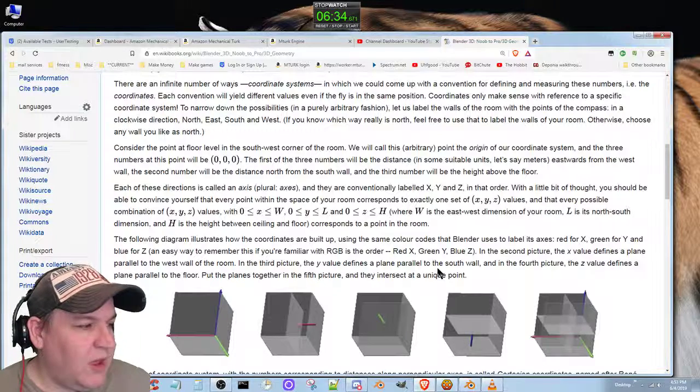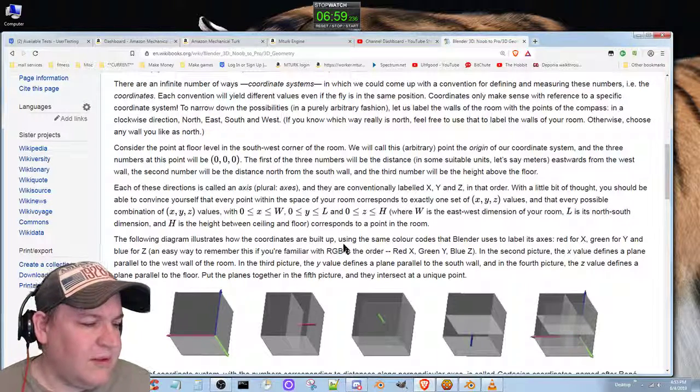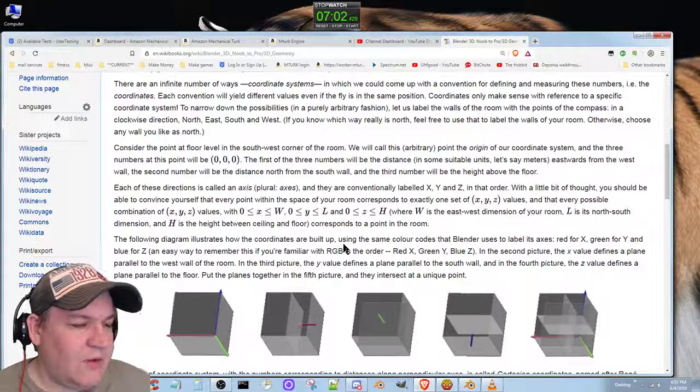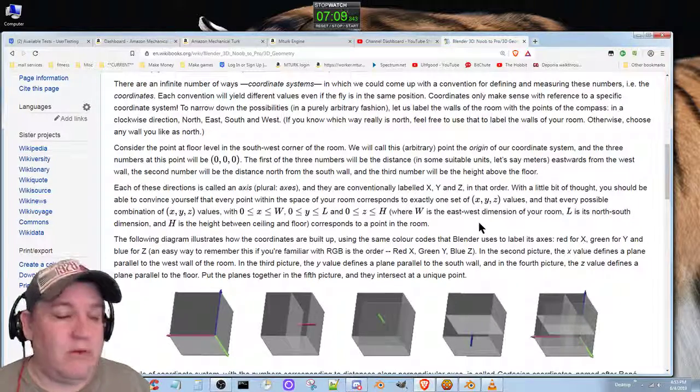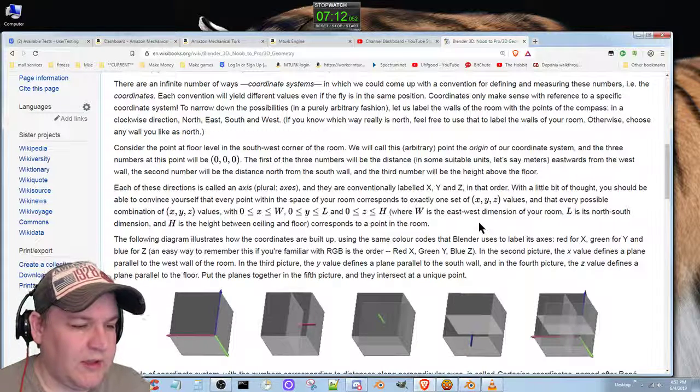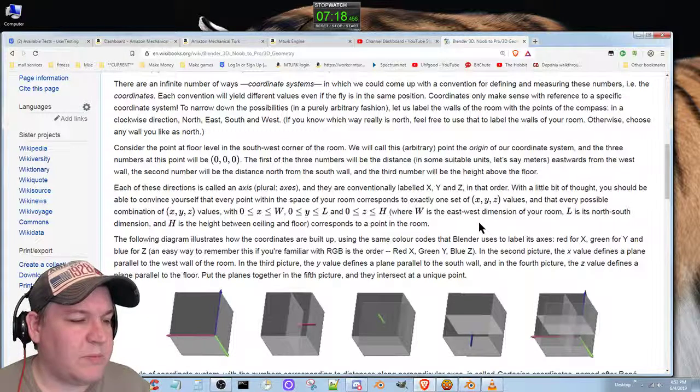And that every possible combination of X, Y, Z values with 0 less than or equal to X less than or equal to W, which is width, 0 less than or equal to Y less than or equal to L, which would be length, and 0 less than or equal to Z less than or equal to H, where W is the east-west dimension of your room, L is the north-south dimension, and H is the height between the ceiling and the floor, corresponds to a point in the room.